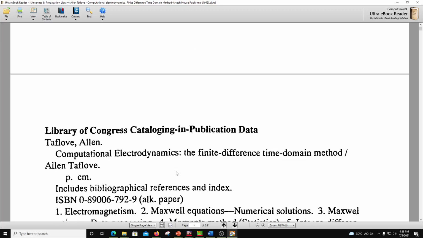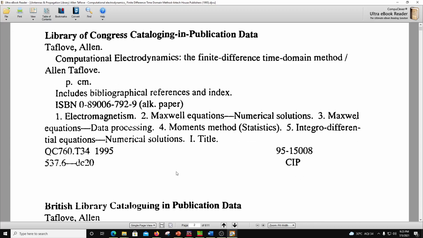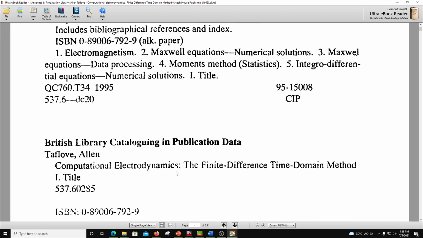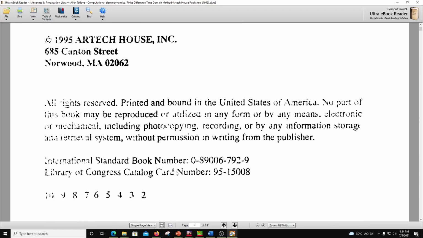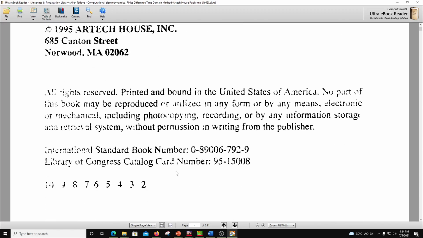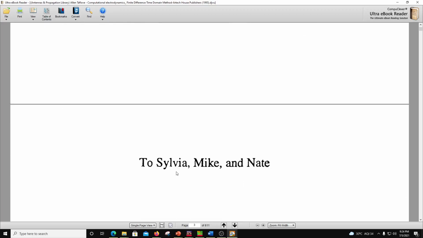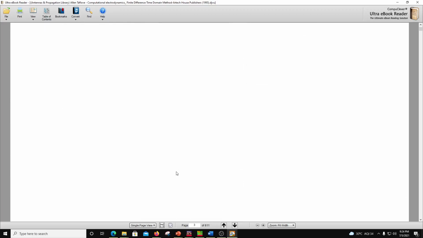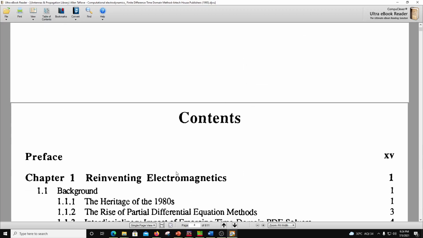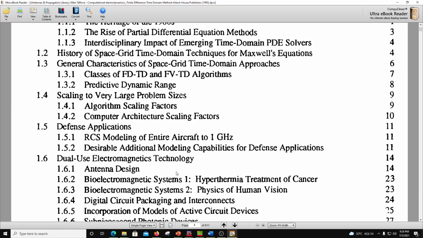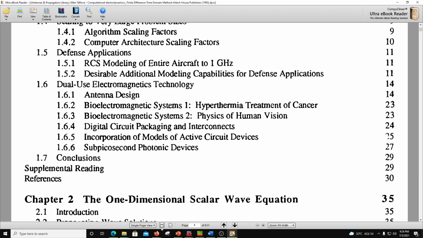We use various tools, but we don't look at the algorithm. We don't look at why we are using a certain boundary condition and not the other boundary condition. This will come from when you study this book. You can get this book online, which discusses the algorithm I have also discussed in my own text.